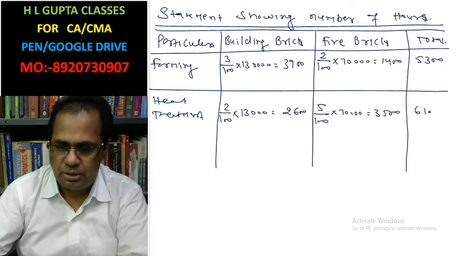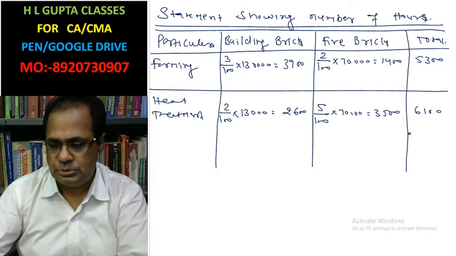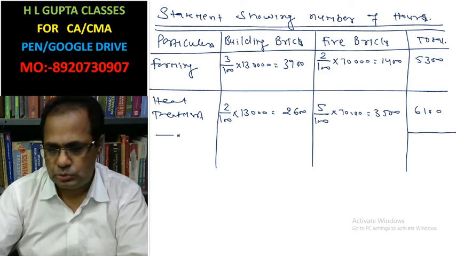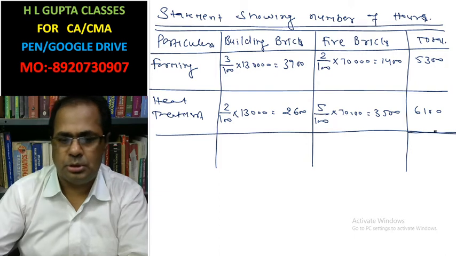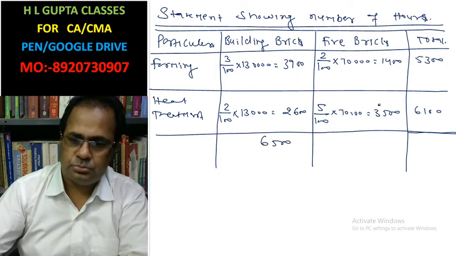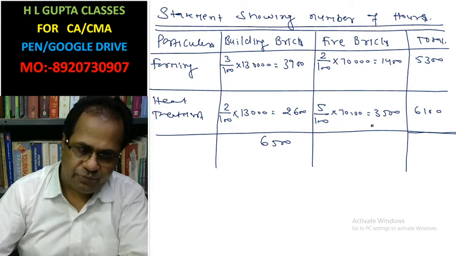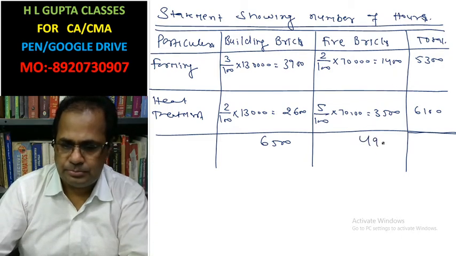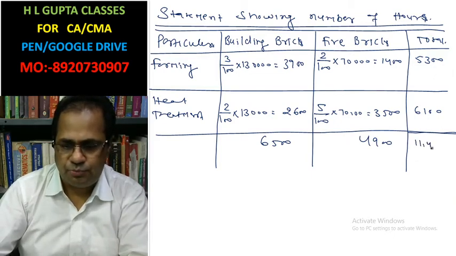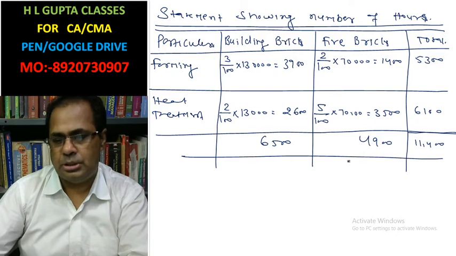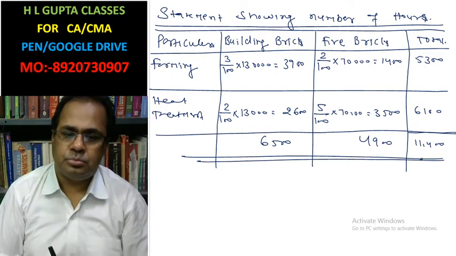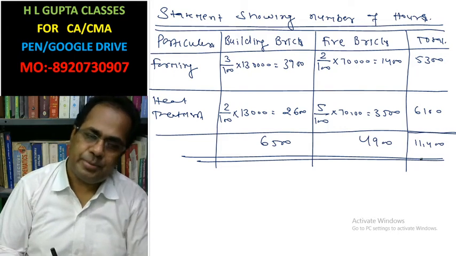Total 6,100. The total for building bricks is 3,900 plus 2,600, which is 6,500. For fire bricks, 1,400 plus 3,500 is 4,900. 5,300 plus 6,100 is 11,400. This is the time required for making building bricks and fire bricks.